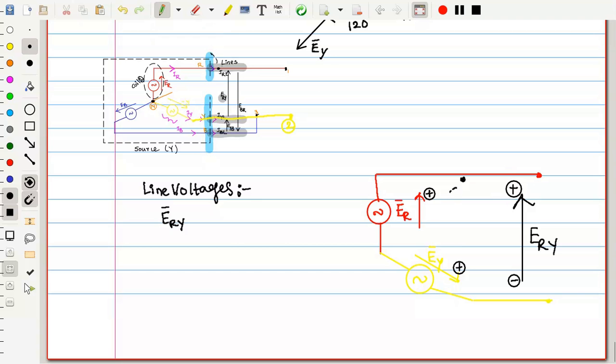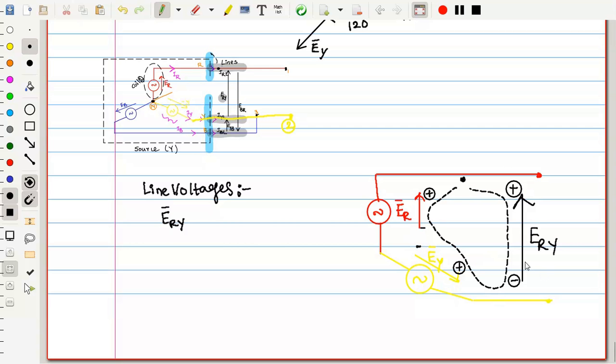If I start over here, I can move through the elements like this dotted line and reach the same starting location. In this path, what are the voltages? Plus ER minus EY minus ERY is equal to 0. This is minus, this is minus.